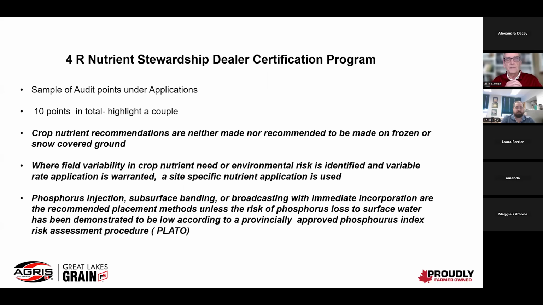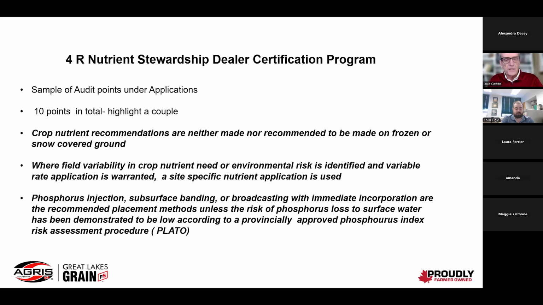And I'll just give you a quick sample of some of the audits. Under applications, there's about 10 main audit points. So it says stuff like crop nutrient recommendations neither made nor recommended to be made on frozen or snow-covered ground. So we have to provide documentation that we don't make those recommendations. Where field variability and in-crop nutrient need or environmental risk is identified and variable rate application is warranted, a site-specific nutrient application is used or at least recommended.